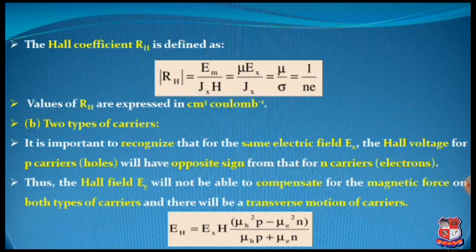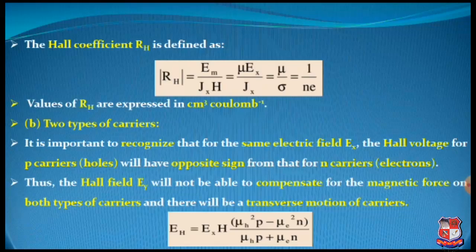It is important to recognize that for the same electric field Ex, the hole voltage for P carriers, means positive carriers, that is holes, will have opposite sign from that for negative carriers, that are electrons. Thus, the hole field Ey will not be able to compensate the magnetic force on both types of carriers, and there will be a transverse motion of carriers.